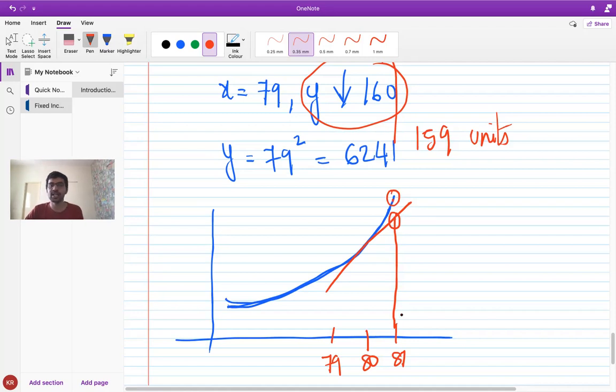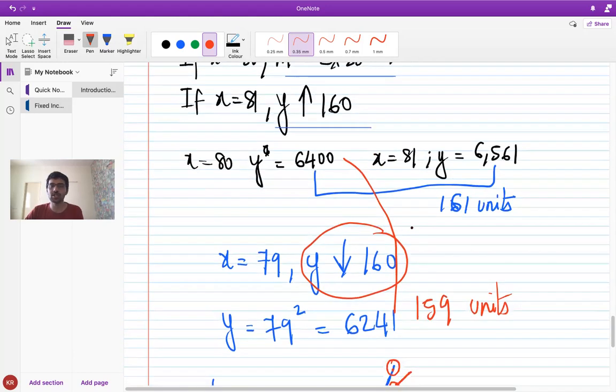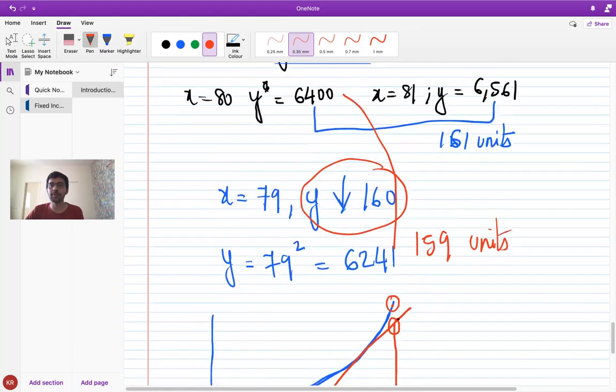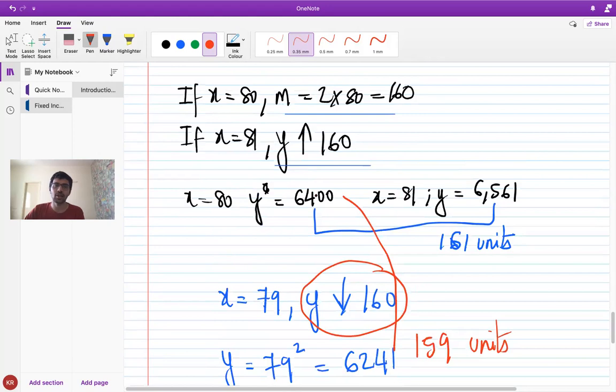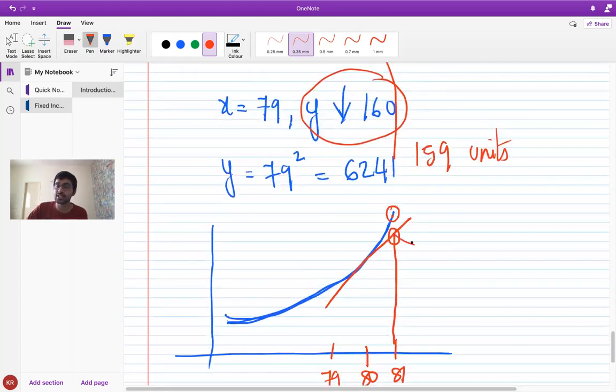For instance, when x moved from 80 to 81, the slope equation is saying that the value of y will be 6,400 plus 160, which is 6,560. This is what was said by the slope formula, whereas the actual point is lying above on the curve, and this is 6,561.